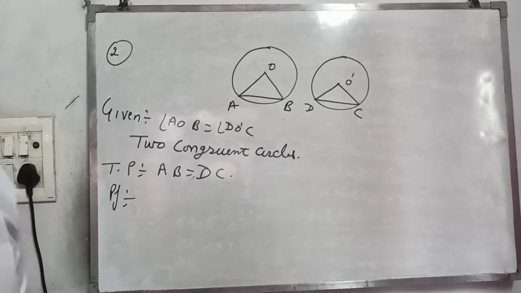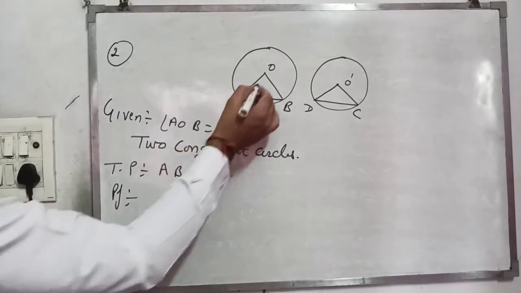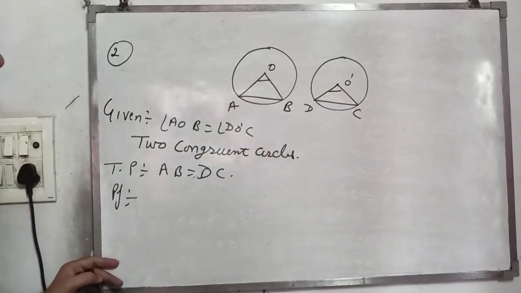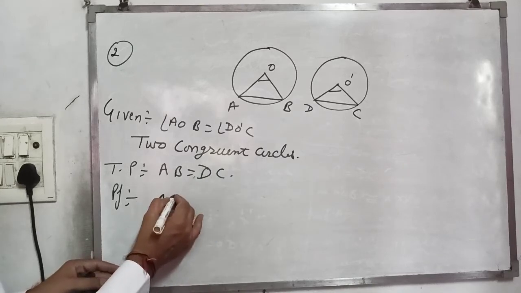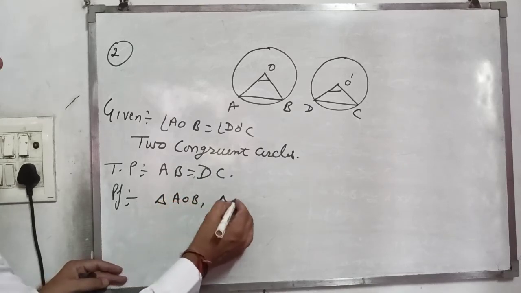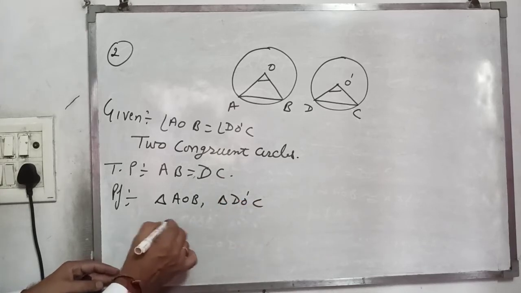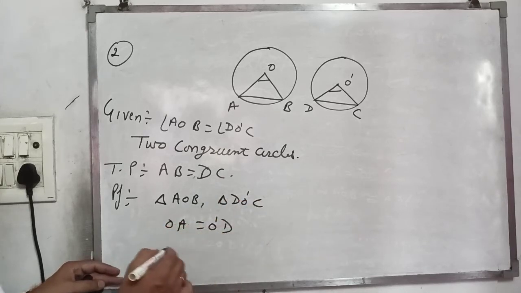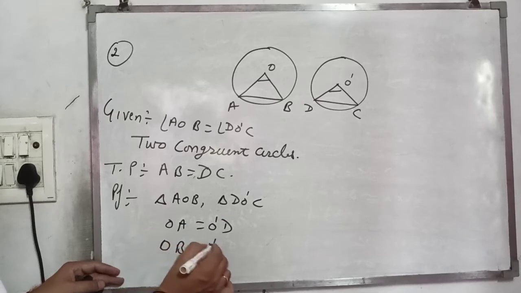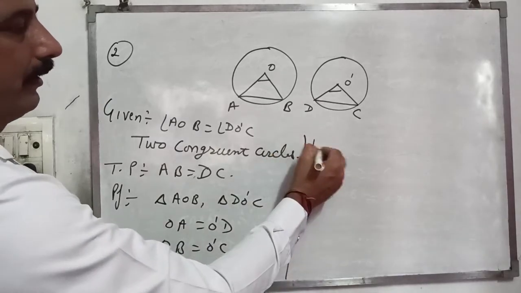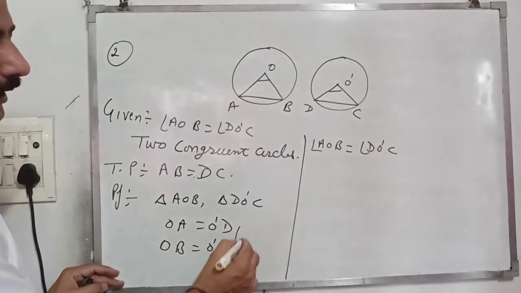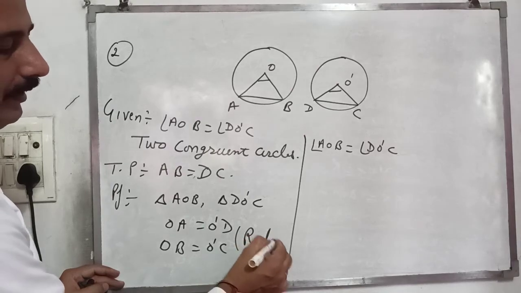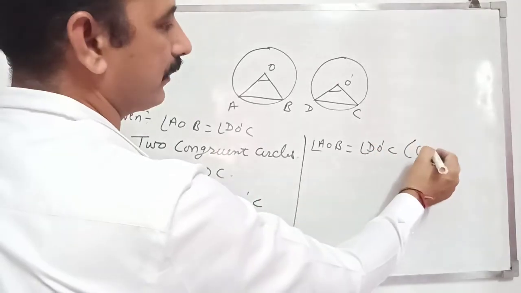The next question is the opposite of the first one, the converse we can say. Here the angles subtended by the chords at the centre are equal, in two congruent circles. Again we use triangle AOB and triangle DO'C. OA equal to O'D, OB equal to O'C, they are radii, and angle AOB equal to angle DO'C is given.